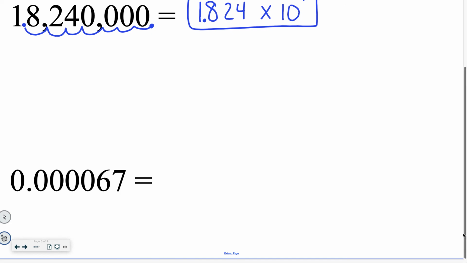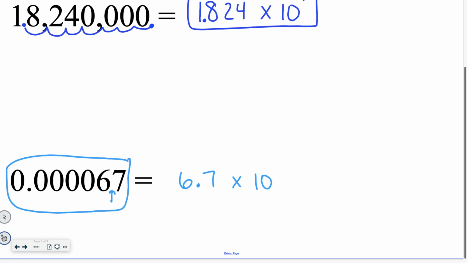Now this time, I'm going to have a 6.7 because I want my decimal to be right after that first non-zero digit. So 6.7 times 10 to the, now I'm working with a decimal number. When I say I'm working with a decimal number, I should maybe be a little clearer. I mean that my standard form is a decimal.